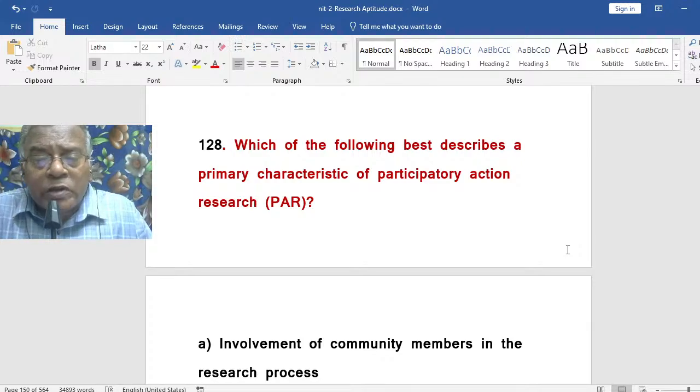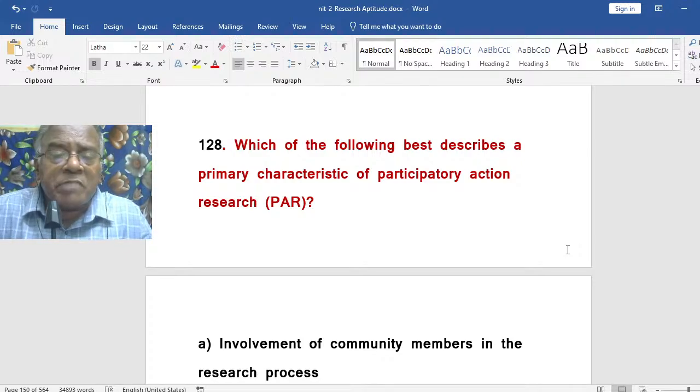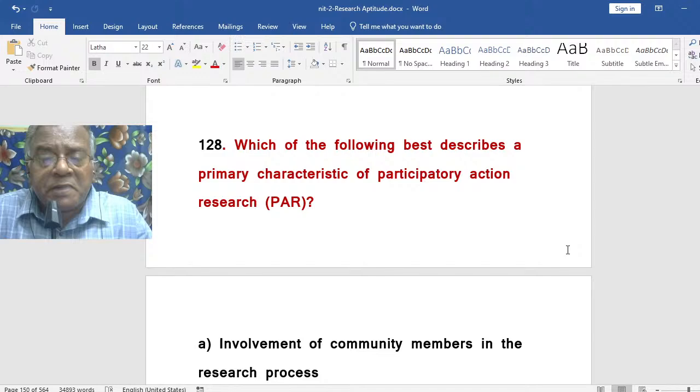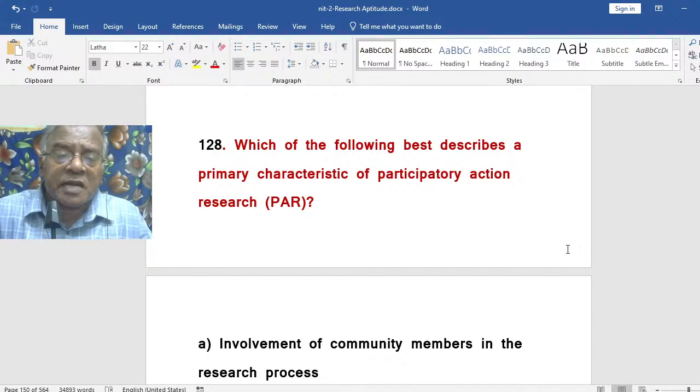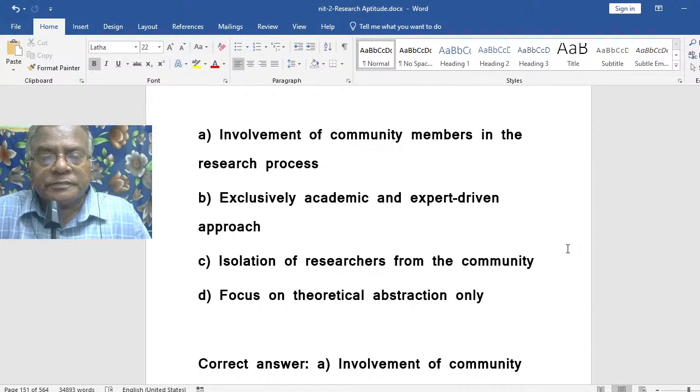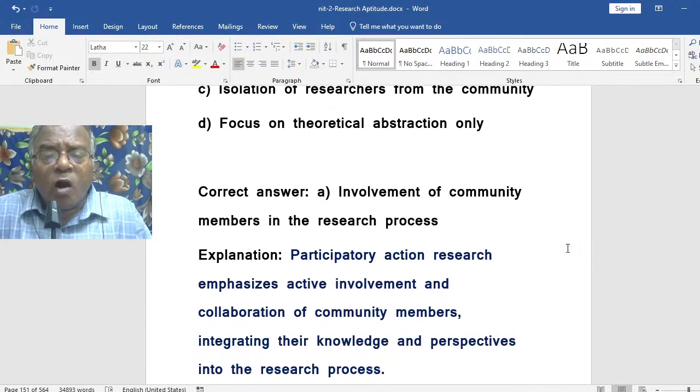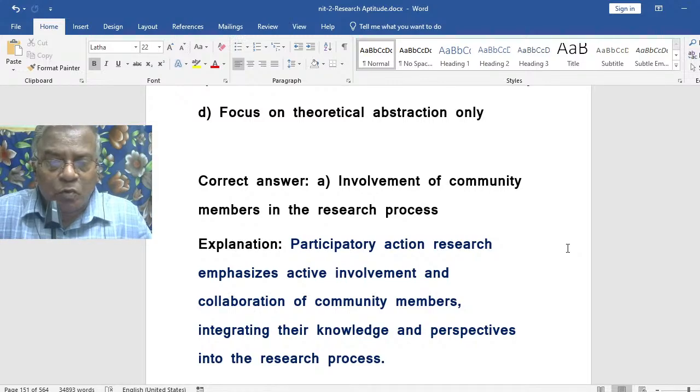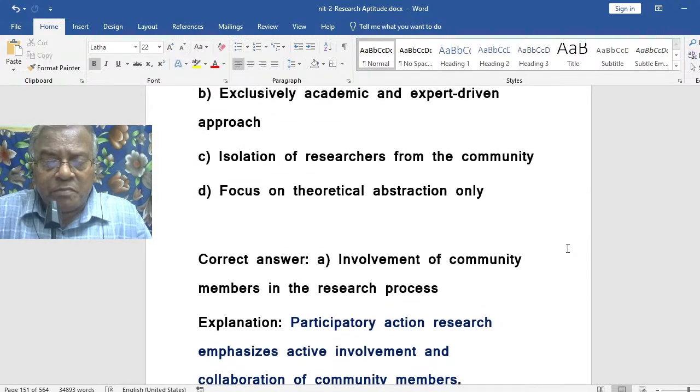Which of the following best describes a primary characteristic of participatory action research, PAR? Out of these four options, that is involvement of community members in the research process.